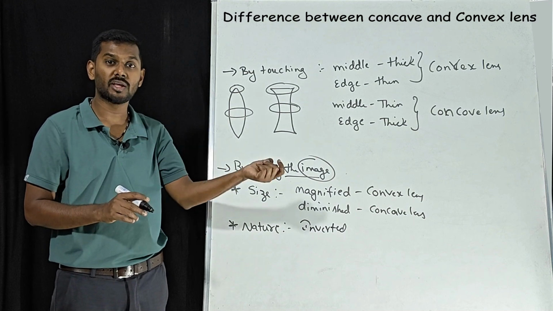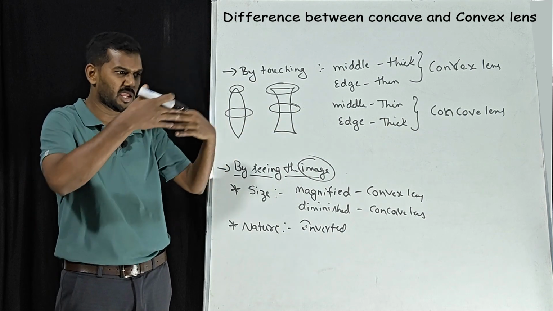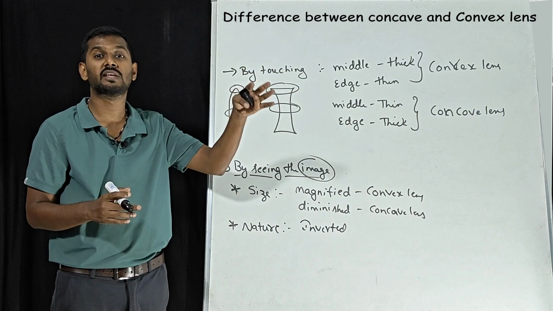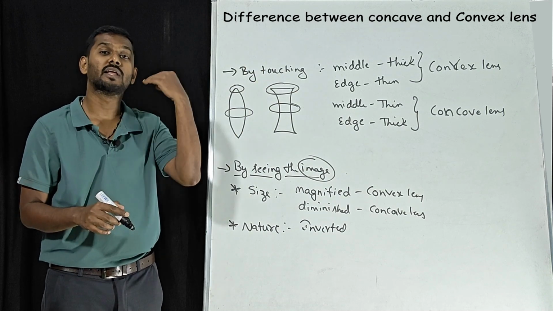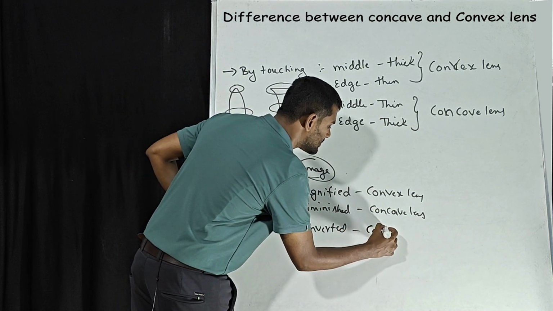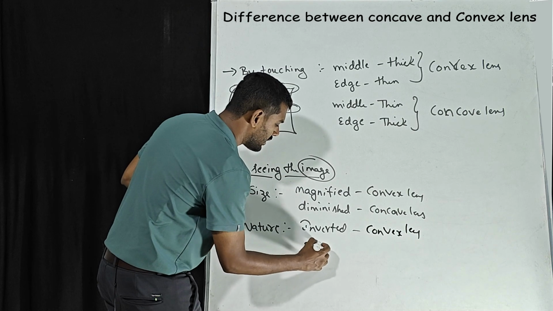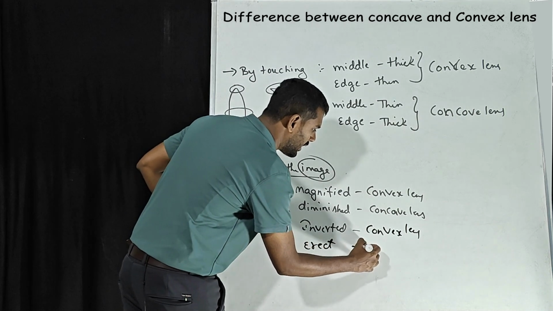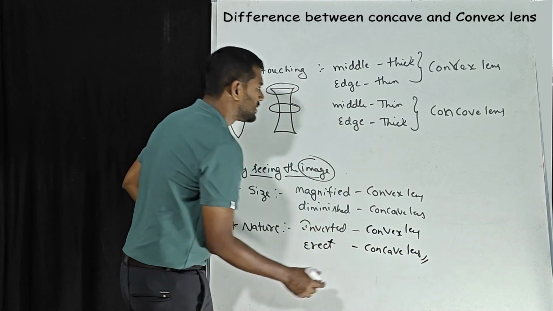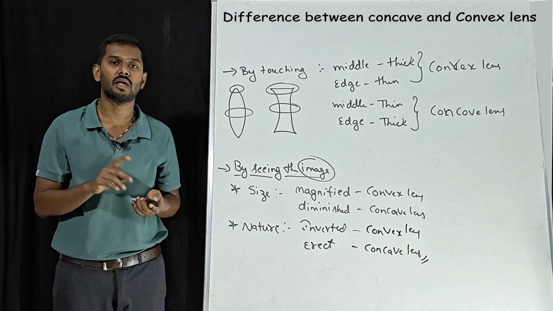So only for drawing the ray diagram can we say whether it is real or virtual. But if the image is inverted, then it is a convex lens. If it is erect or upright, it will be a concave lens. That's it. So using the basics, we can differentiate between both the lenses.